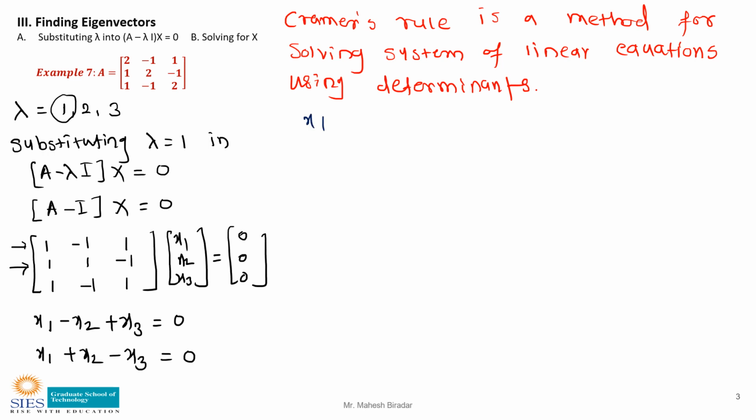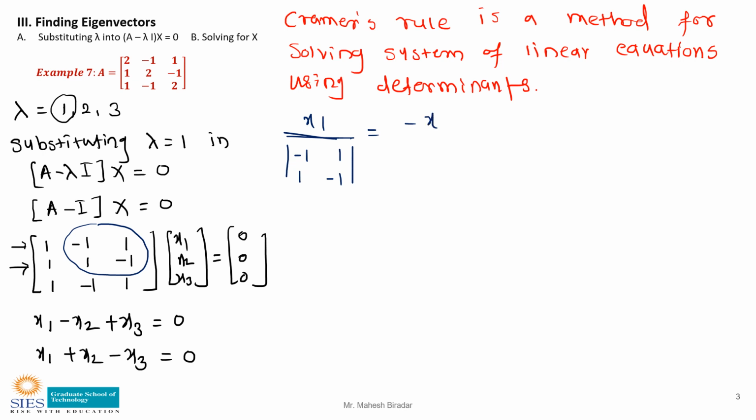So x1 divided by, we are going to write the coefficients of x2 and x3 in the form of determinant: minus 1, 1, 1 and minus 1. These 4 elements.